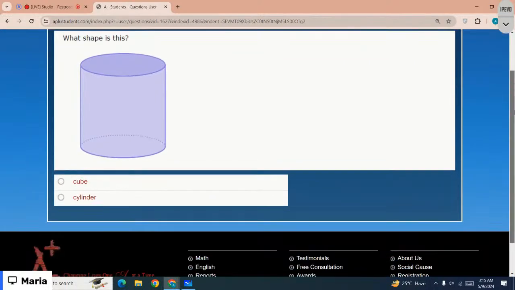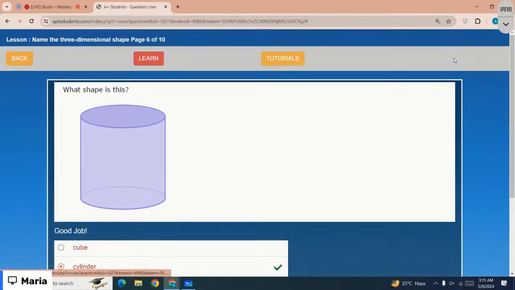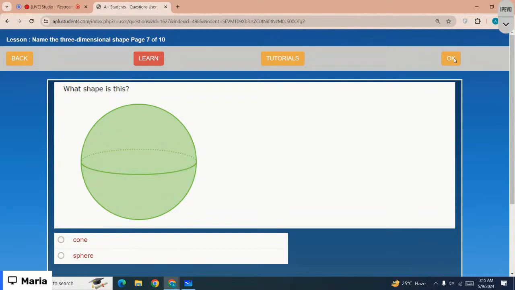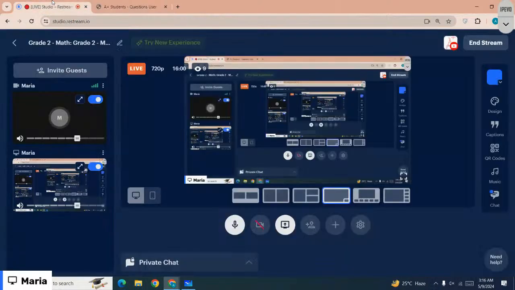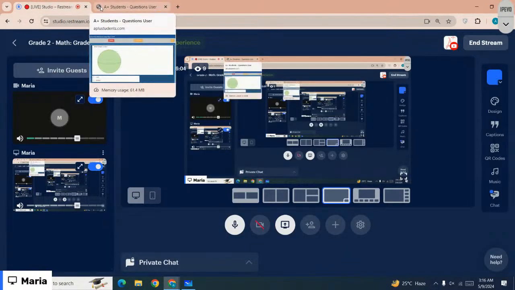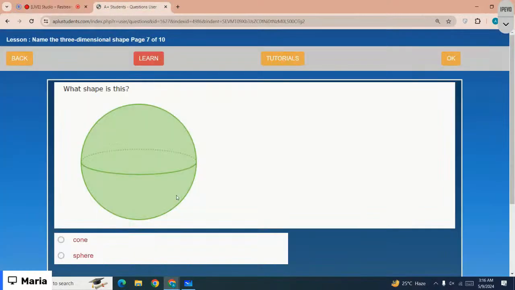The correct option is cylinder. It is. What shape is this? Which is the correct option? That is the sphere. The correct option is sphere.